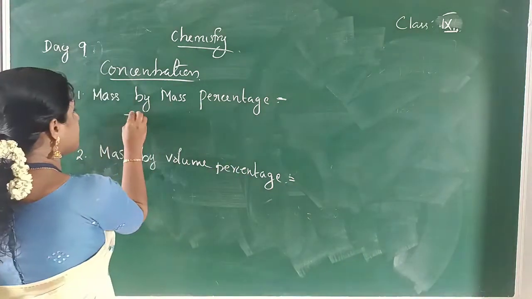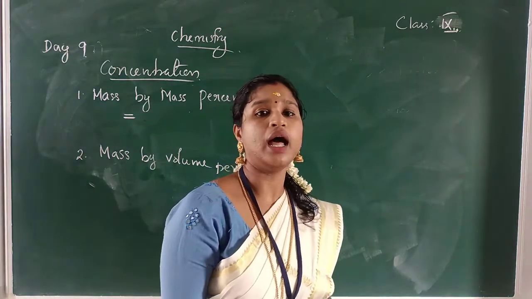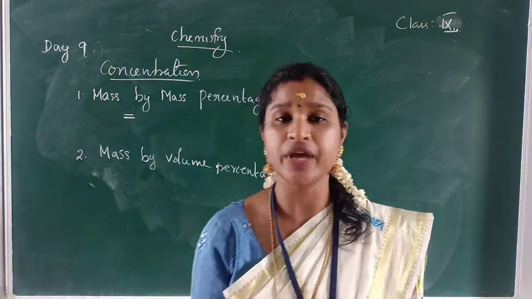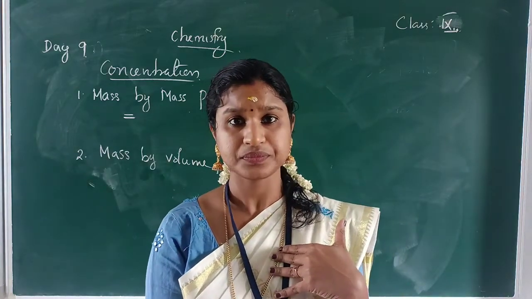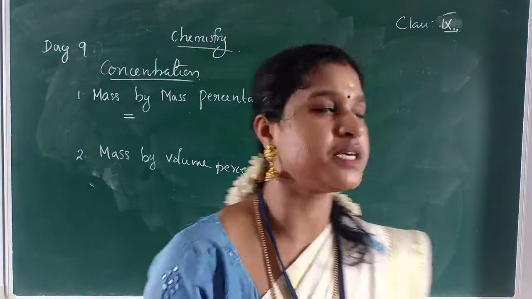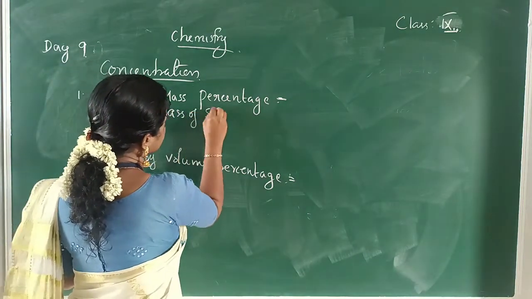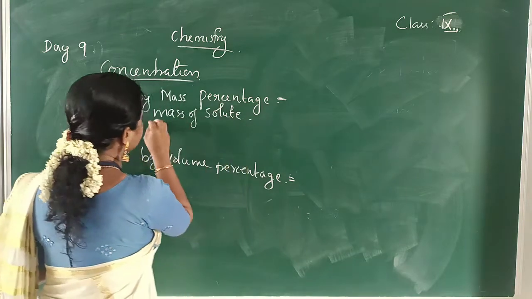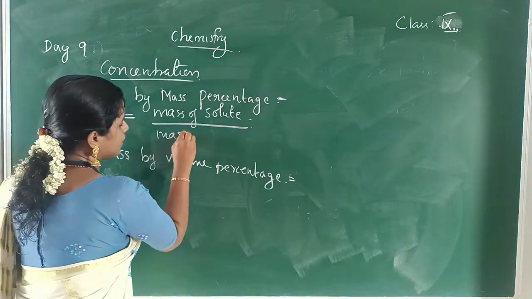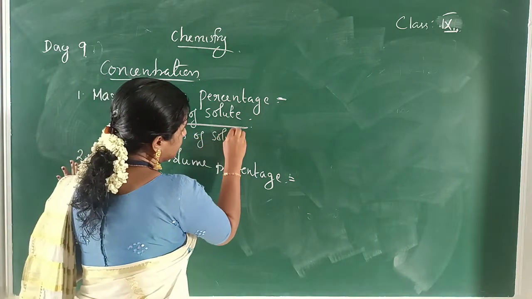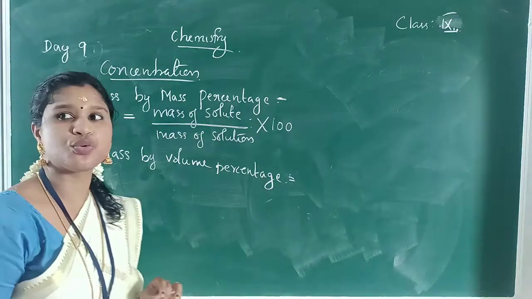Each has one equation, and with respect to that equation we have to do the problems, and you have to learn it by heart. Mass by mass percentage means mass of solute divided by mass of solution into 100.